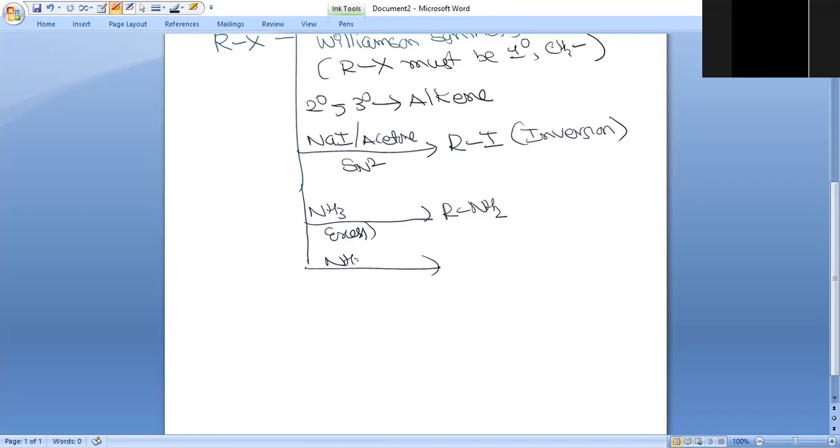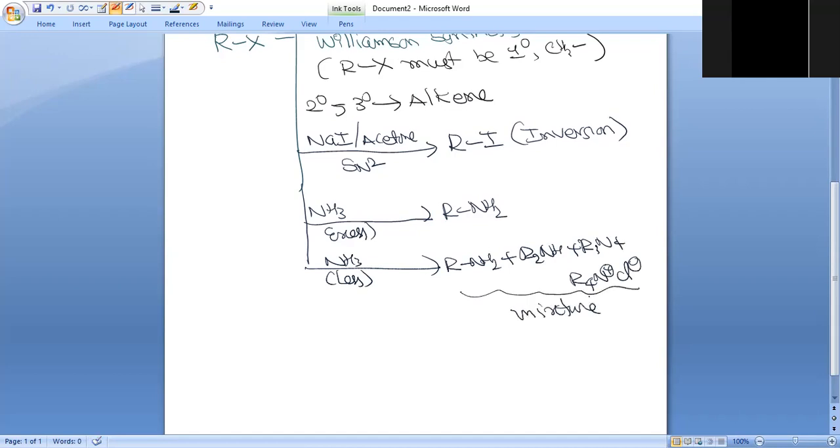If NH3 is in less amount and the alkyl halide is more, then it will give primary amines, secondary amines, tertiary amines, and quaternary amine salt. So you will get a mixture.